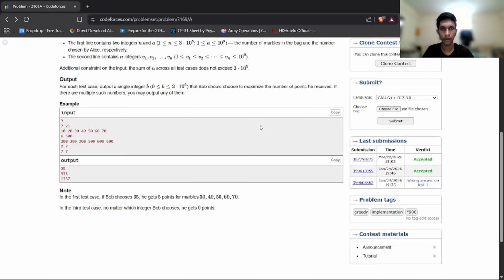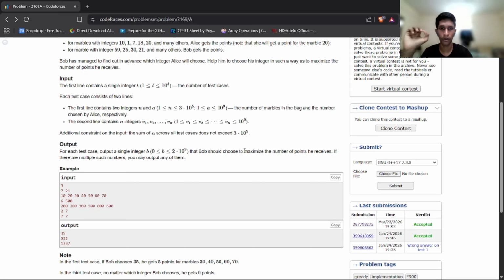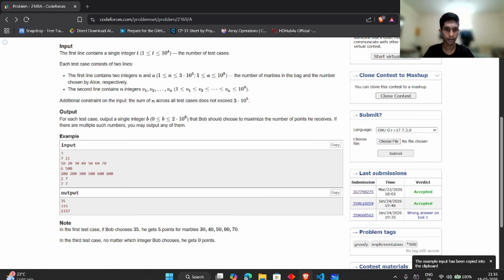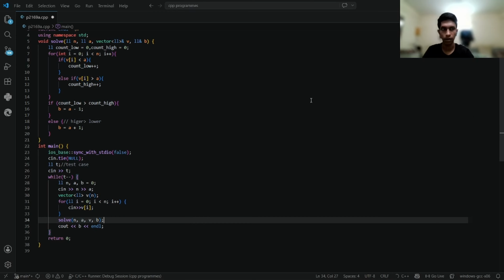And it is written in the question that we do not have to make sure that Bob wins all the matches. We have to make sure that Bob has a maximum percentage of winning all the matches. So let's check for the first test case if our code is working or not.